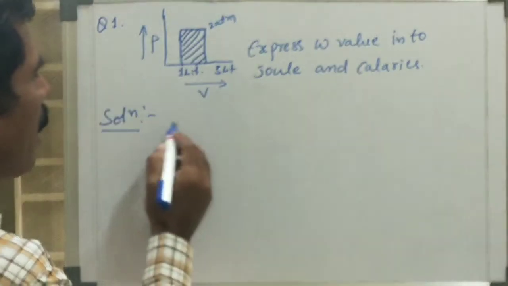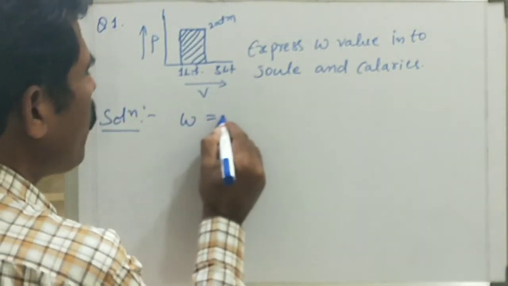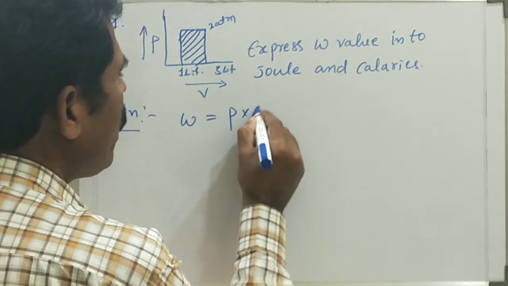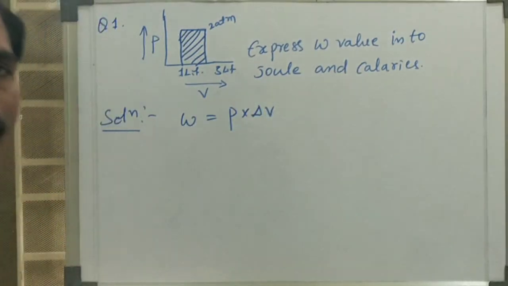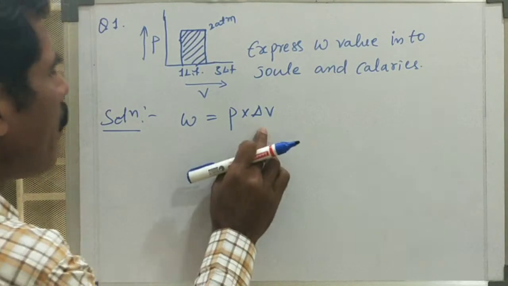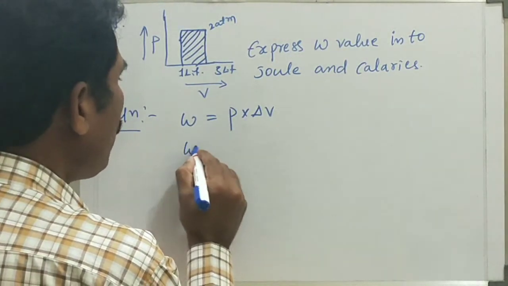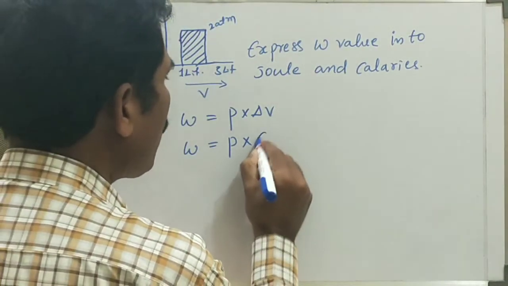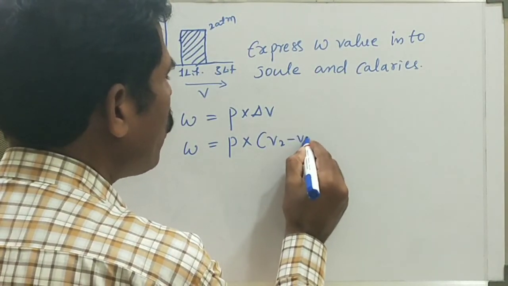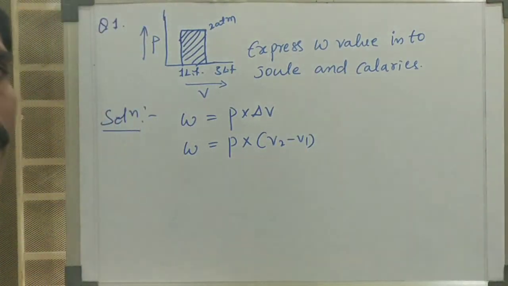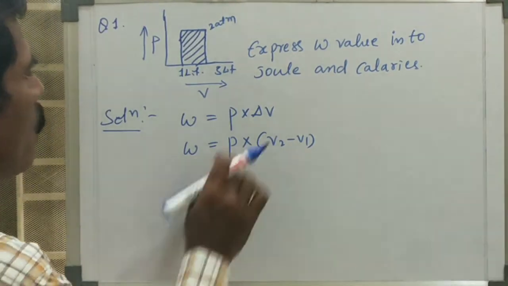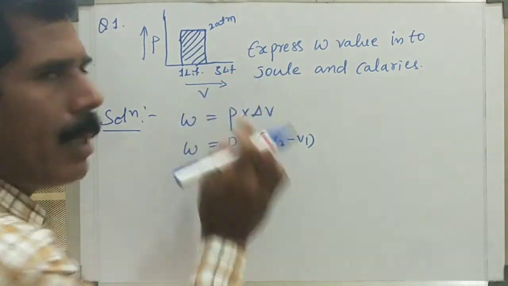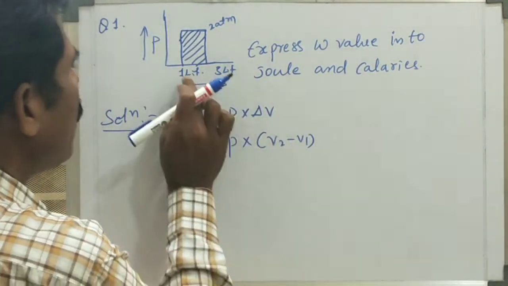There is a formula: W is equal to P into delta V. Delta V means V2 minus V1, the volume difference. V2 is 3 liters, V1 is 1 liter.